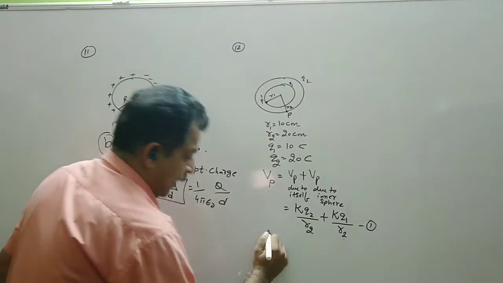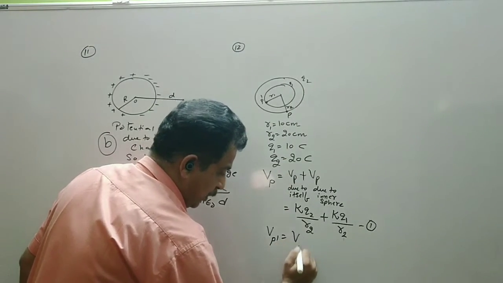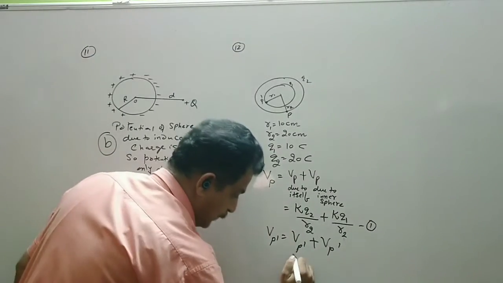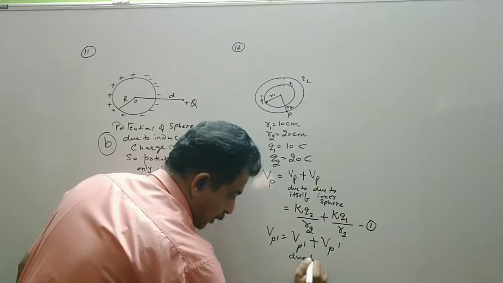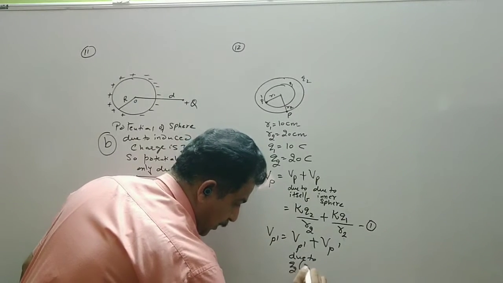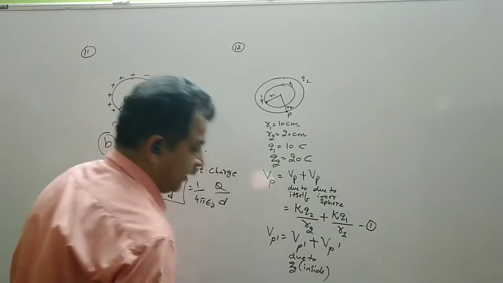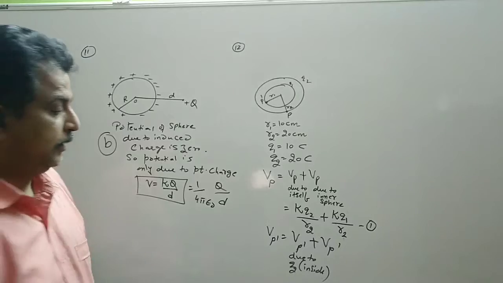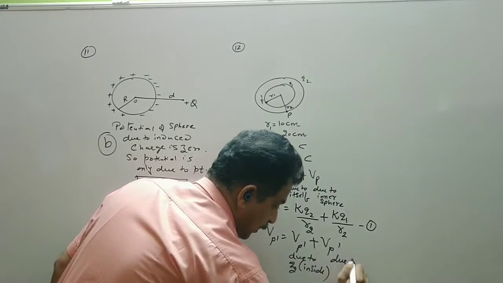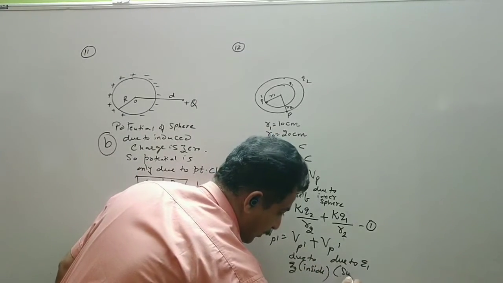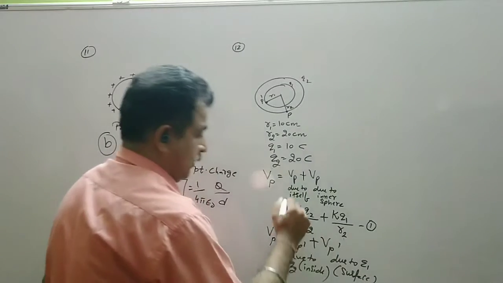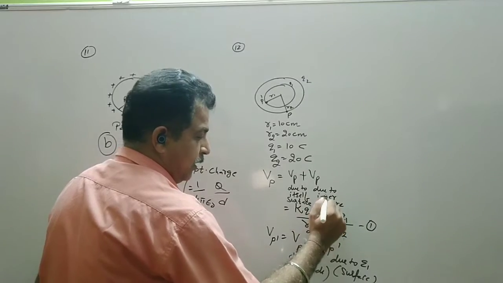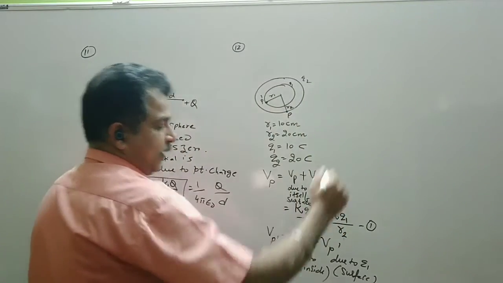Now the potential at P dash. So Vp dash is equal to Vp dash plus Vp dash. Now Vp dash due to Q2 is inside, and for this sphere, P dash is on the surface due to Q1. This is due to itself, meaning surface, and when you take this point, it is outside.